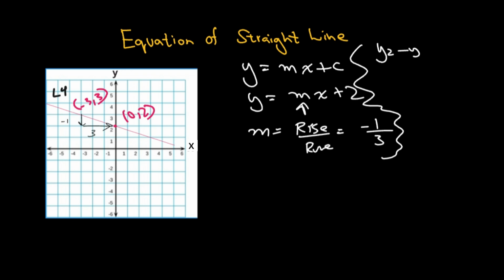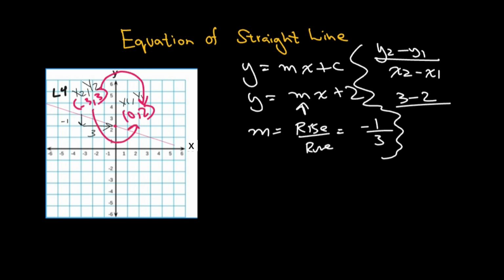You could also find the gradient using y2 minus y1 divided by x2 minus x1. So you have the coordinates (-3, 3) and (0, 2). So let's call this x1, y1 and (-3, 3) as x2, y2. So y2 minus y1 becomes 3 minus 2.